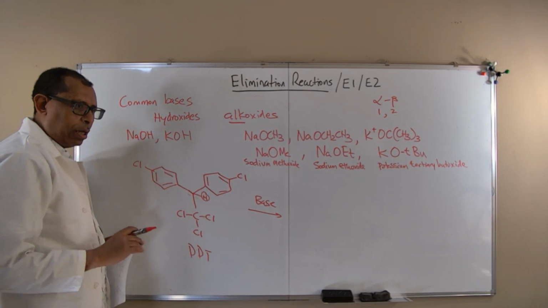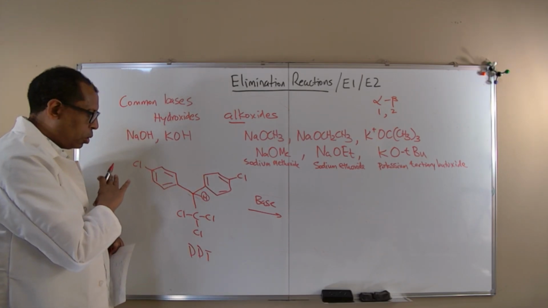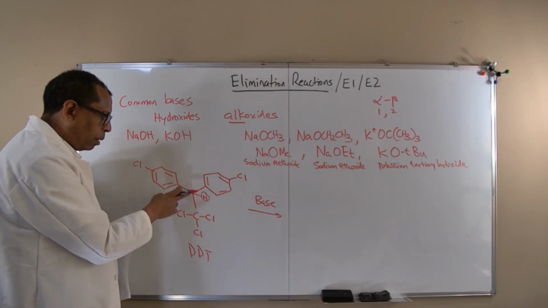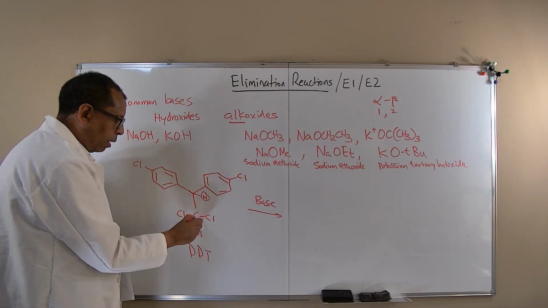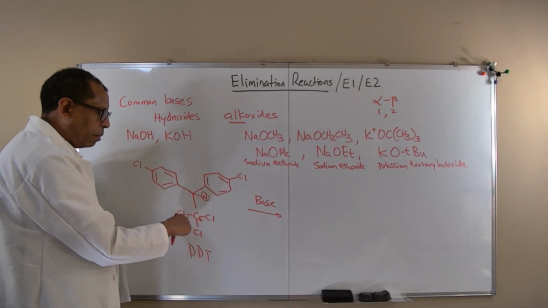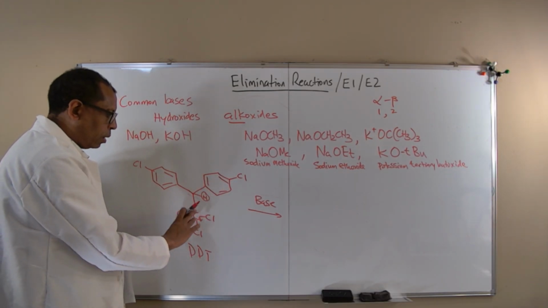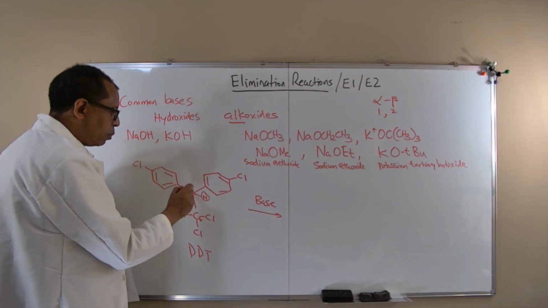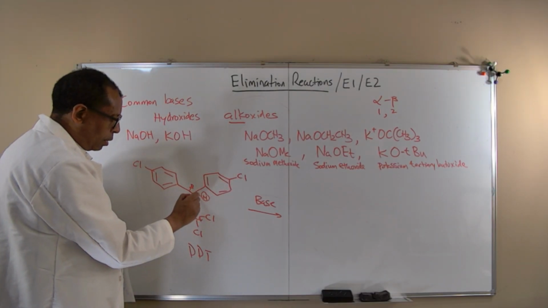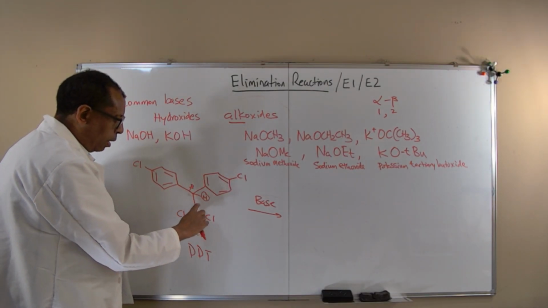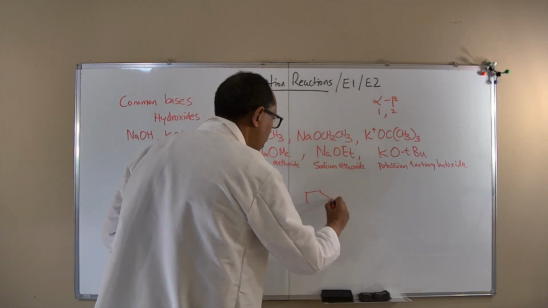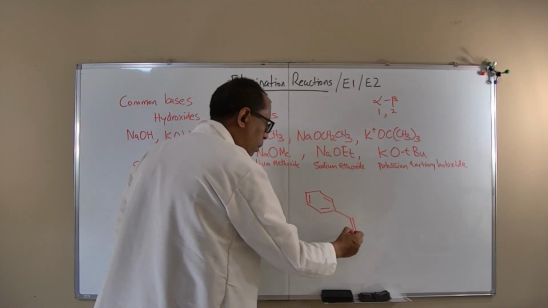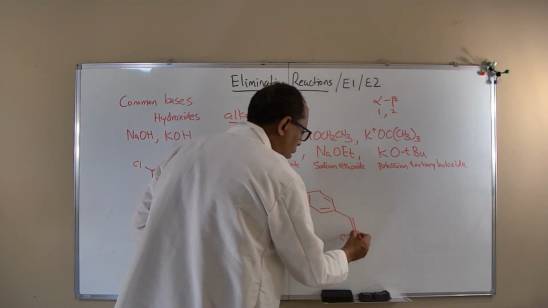So there is no regioisomer like the previous example I showed you. This is only one beta hydrogen. So if this is an alpha carbon, actually containing 3 chlorines, and this is a beta carbon, the base would abstract this hydrogen, and the bond would collapse here and form this product. So the product looks like just one product, double bond there, and Cl, Cl.